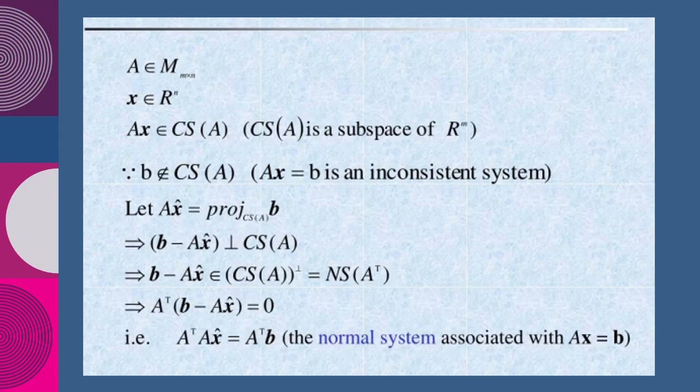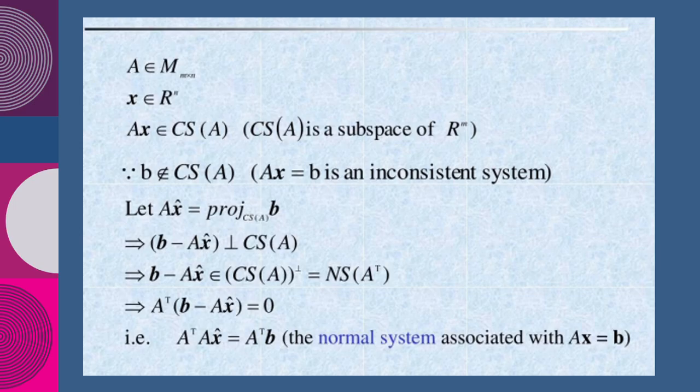Now, let's find the least squares solution for the system AX equals B, where A is a 3 by 2 matrix and B is (0, 1, 3). The system does not have an exact solution, so it is inconsistent.